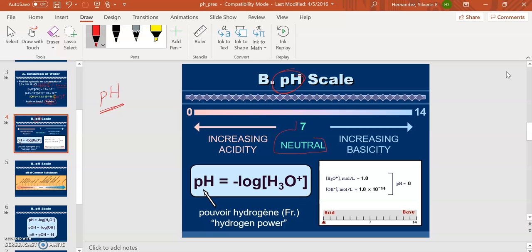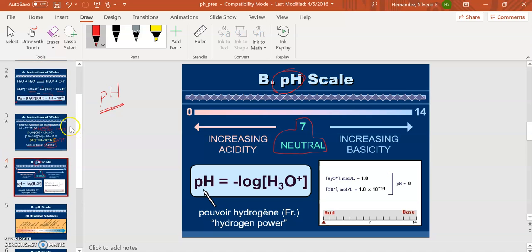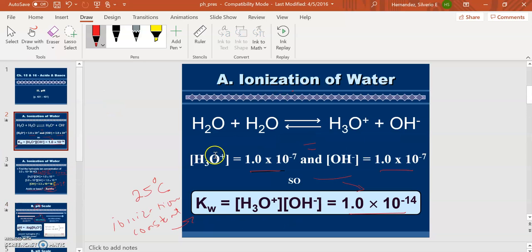7 here is neutral, and I'm just going to go back a few slides and talk about what that neutrality means. In a body of water, when I measure the two concentrations of the hydronium and the hydroxide, when they are equal to each other at 10 to the negative 7, that means that they are canceling each other out, so to speak, right?